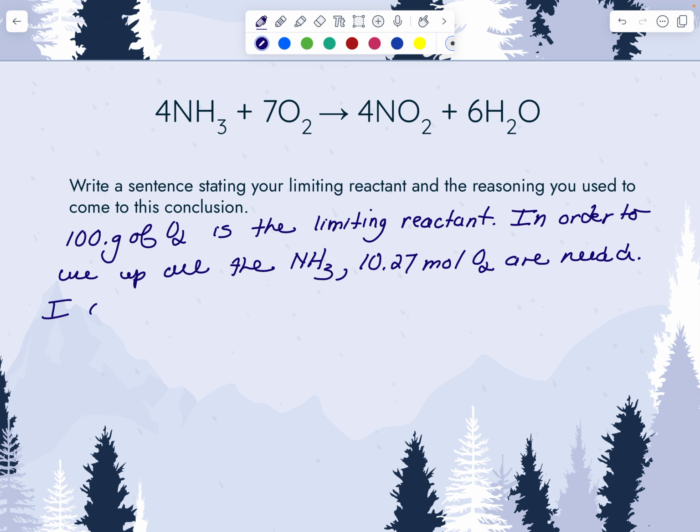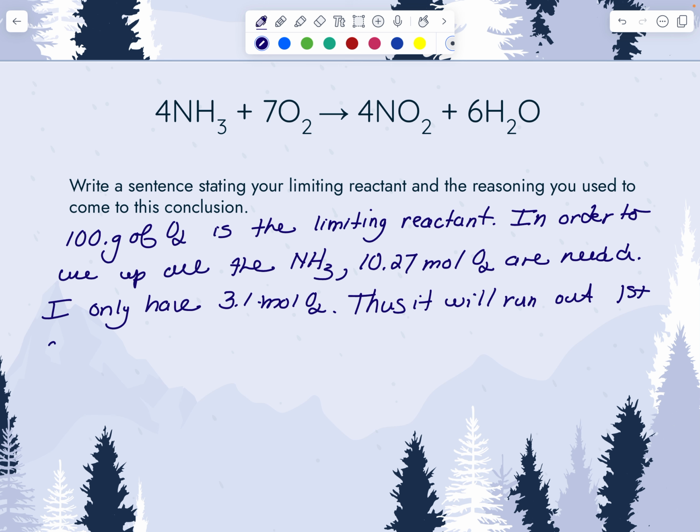Right? I only have 3.1 moles of oxygen. Thus, it will run out first, and oxygen is the limiting reactant.